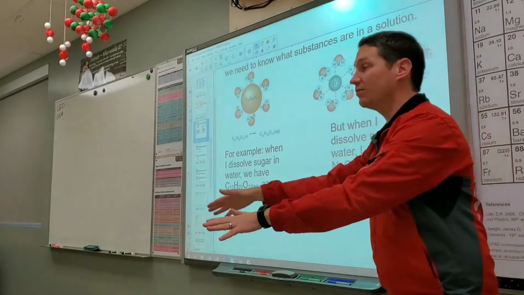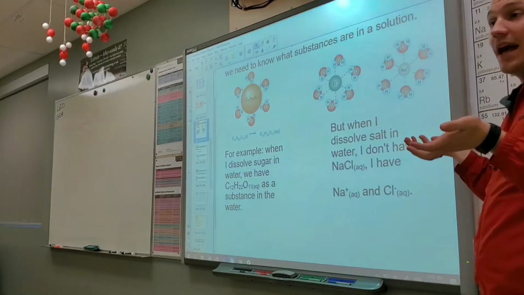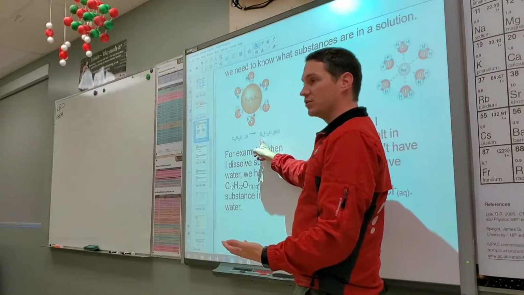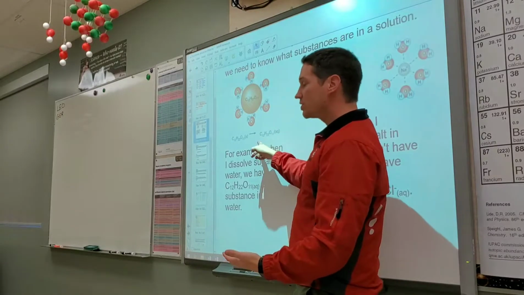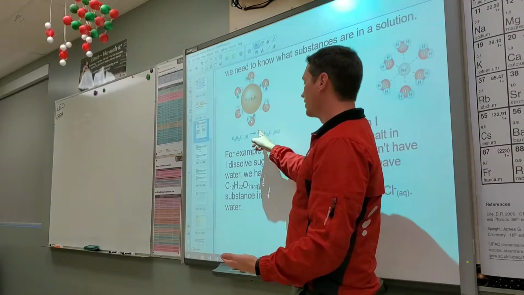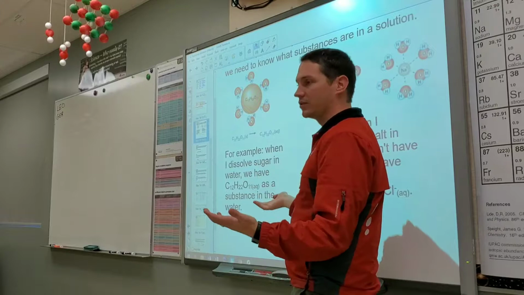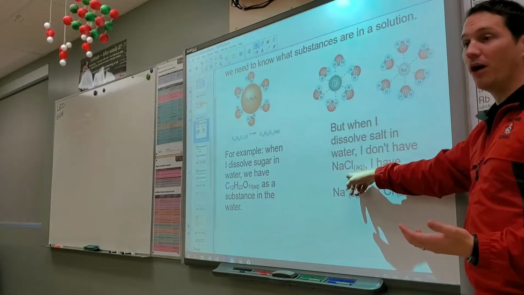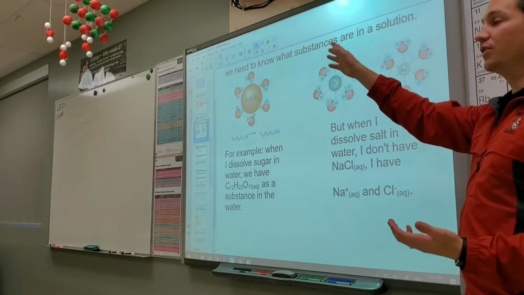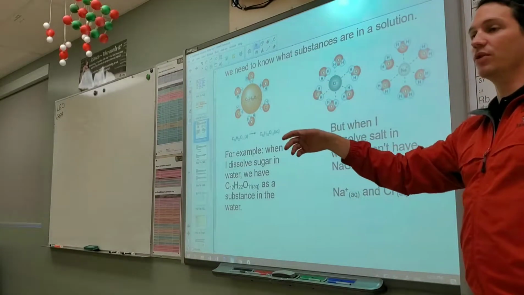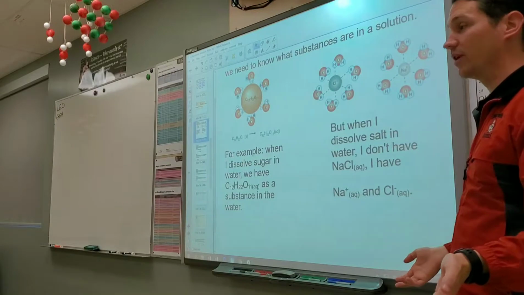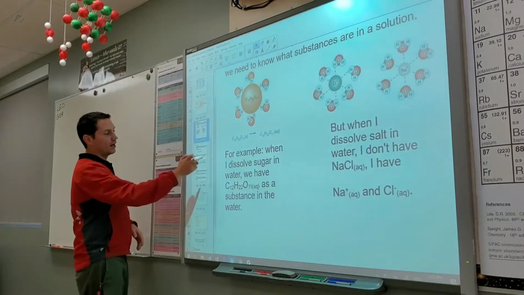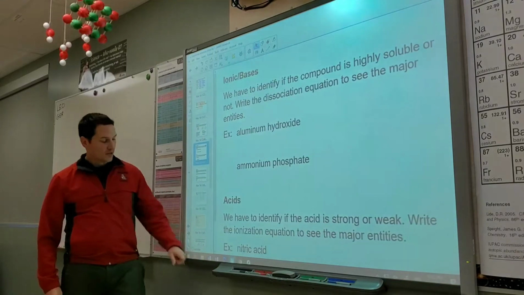The chlorines can react with something, and the sodiums don't have to. Do you see how that's different from sugar or sucrose? When sucrose reacts, the C's, the H's, and the O's all have to react with something. But when I put sodium chloride in water, the sodiums can do their own thing. The chlorides can do their own thing. And that's really important for us to identify. That's critically important.